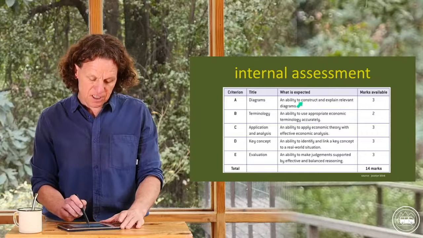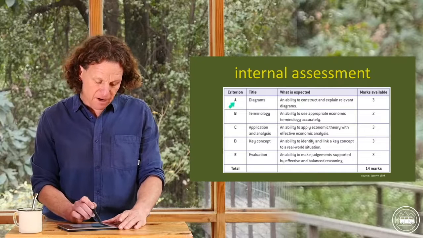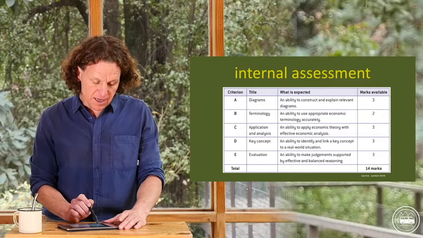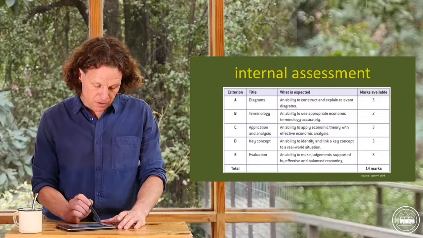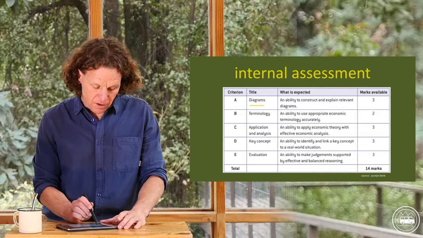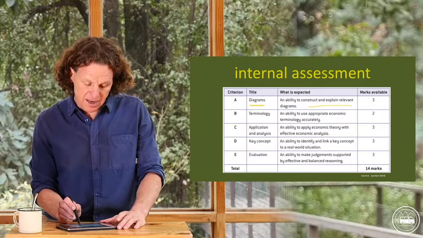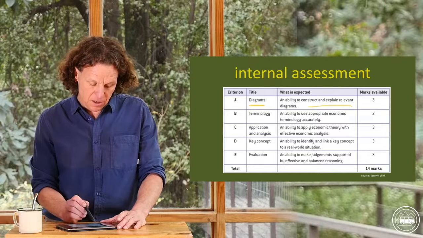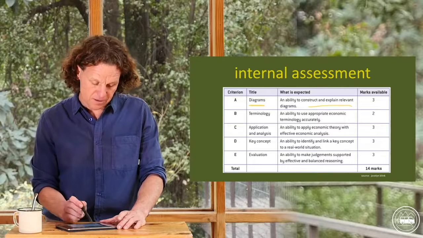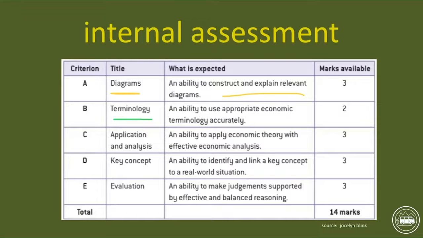Okay. So now let's take a look at the internal assessment rubric, okay? There are 5 criteria, A, B, C, D, E, for the internal assessment, okay? So first of all, you're going to get assessed based on your ability to construct and explain relevant diagrams, okay? You are going to, and there's 3 marks, get assessed on your ability to use appropriate economic terminology accurately. You are going to be assessed on the application and analysis of your ability to apply economic theory with effective economic analysis. 3 marks for that.